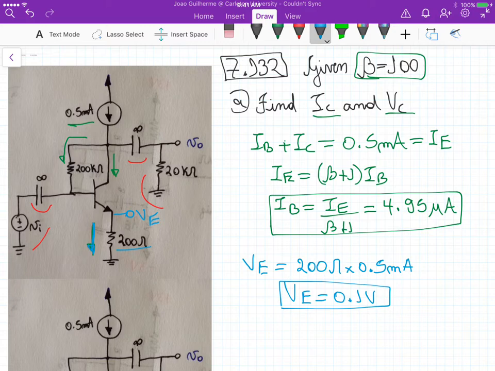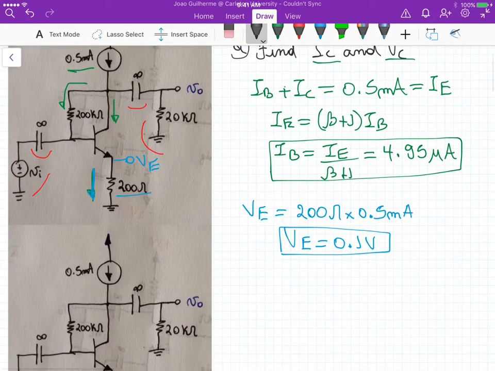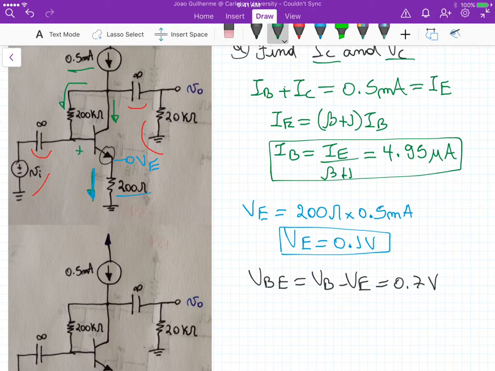Now if we assume active mode operation, because it's an NPN transistor, VBE, which is VB minus VE, is 0.7 volts, right? So between base and emitter we have 0.7 volts.